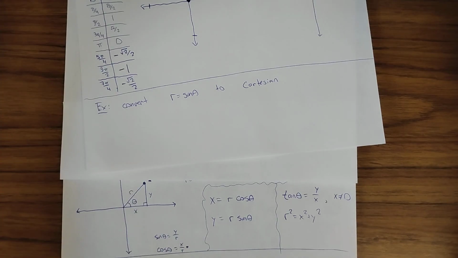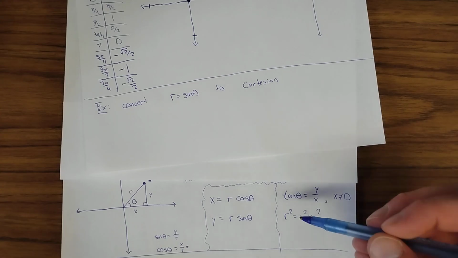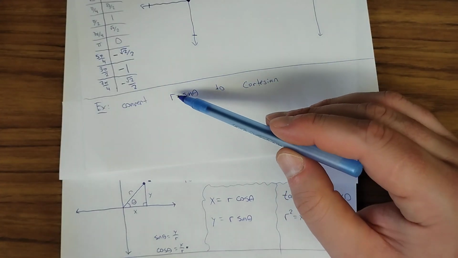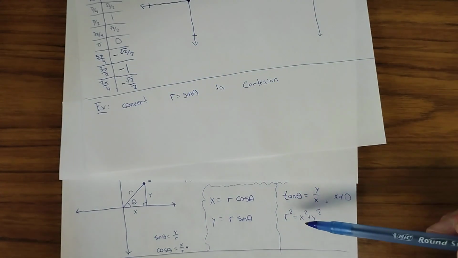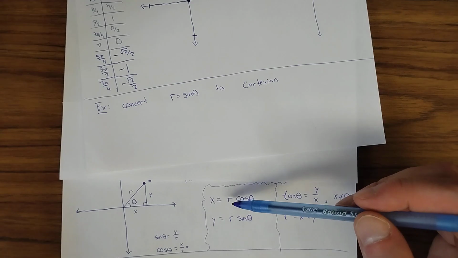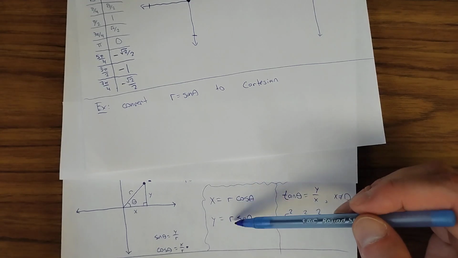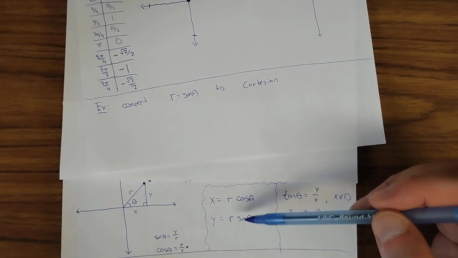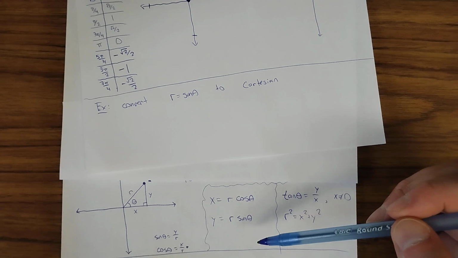So here's the smoothest way to do this. There's a couple of things I like to see. I like to see r squareds, because whenever I see an r squared, I get to replace it with x squared plus y squared. I also like to see r, if it's not squared, then I like to see sines or cosines attached to it.